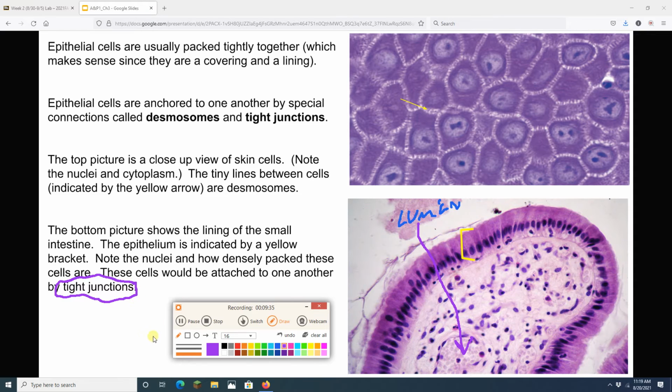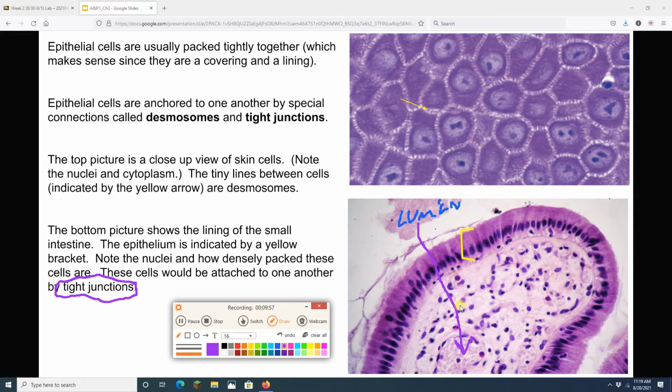And the tight junctions are going to create a barrier between cells that is hard for things to sneak through. That is not very permeable at all. That way we can prevent bad stuff from just going through willy-nilly, and we can regulate what gets through this passage here.